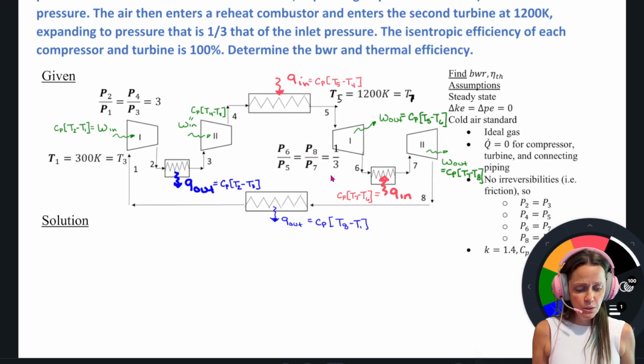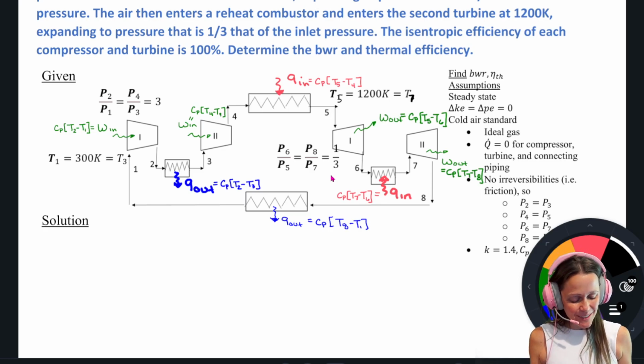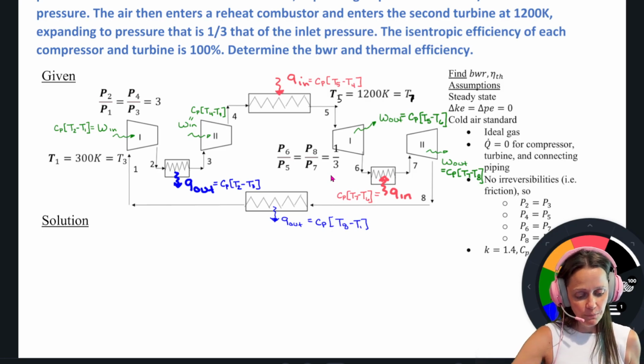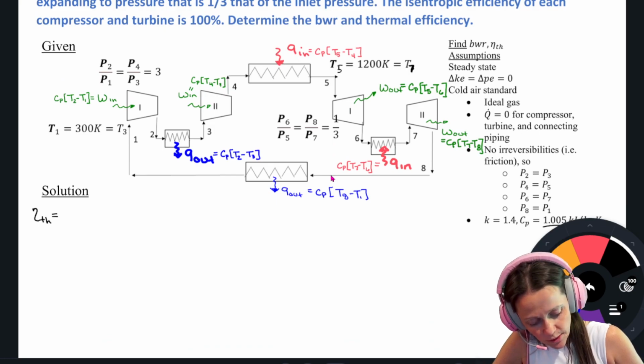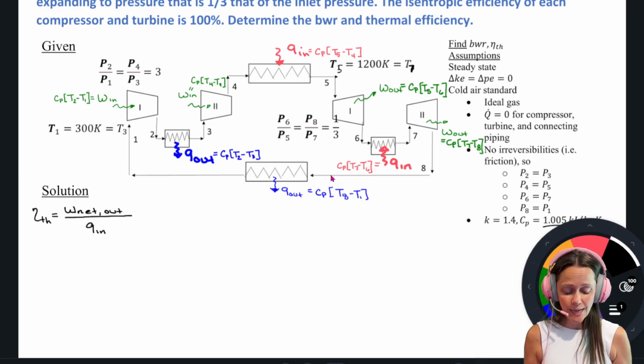All right, so boy, I've actually done a lot of work here. So I should be able to very quickly get a governing equation in terms of CP delta T's for my thermal efficiency and my back work ratio. For my thermal efficiency, I have a choice to either put it in terms of work net out over Q in, and I would encourage you to calculate it like that. Make sure that you get the same value.